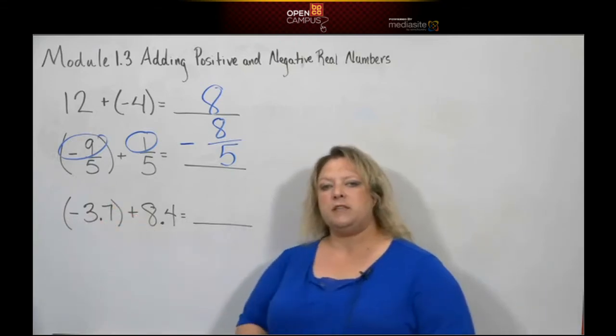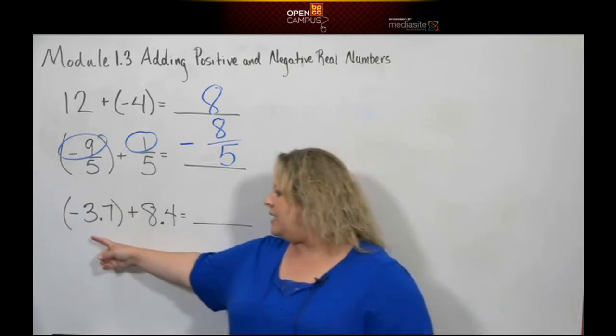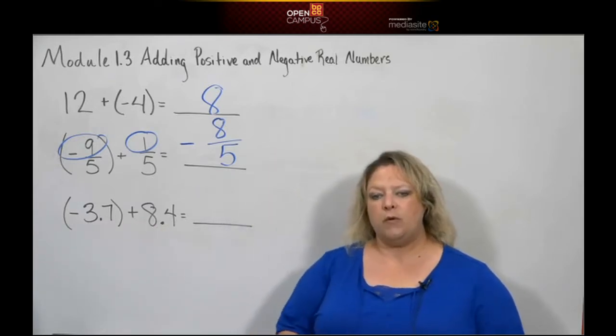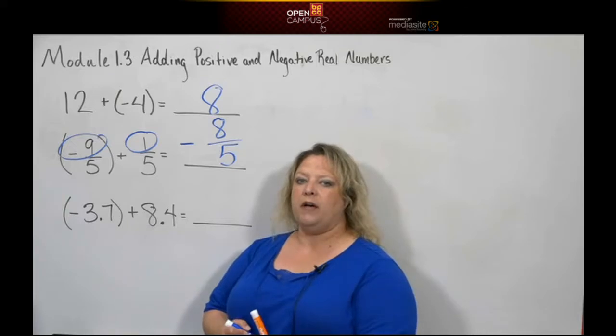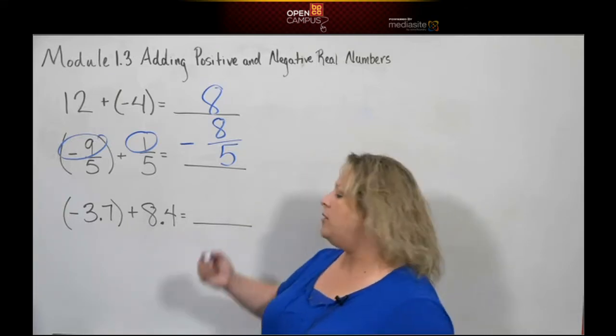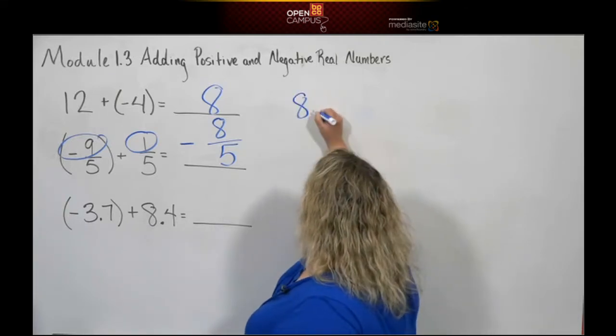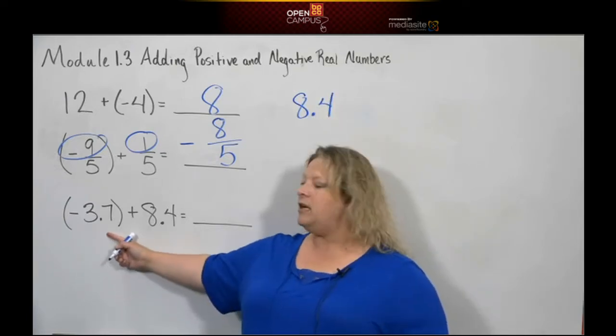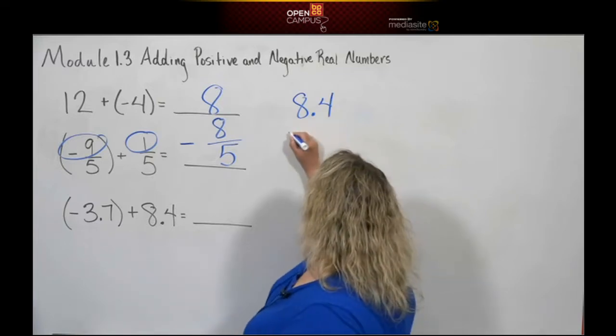When you come to the last problem, again, you have a negative 3.7 plus a positive 8.4. So what we want to do is put the higher value, which is 8.4, on top. Okay, and then we're going to add to it a negative 3.7.